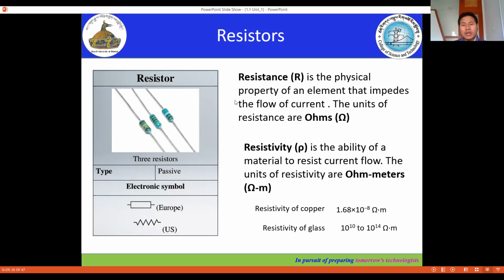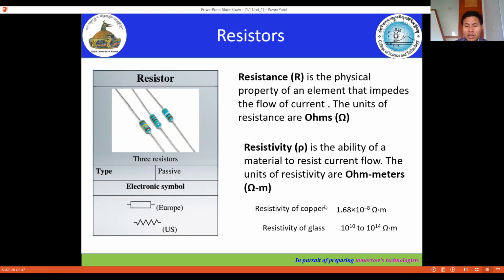Let's define what is meant by resistance. It's the physical property of an element that opposes the flow of current. The unit of resistance is ohm, and the ability of a material to resist the flow of current is called resistivity, and the unit is ohm meter.